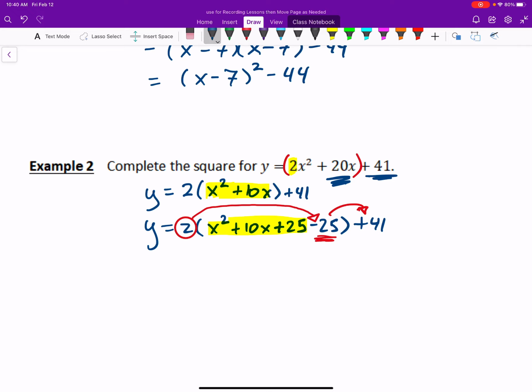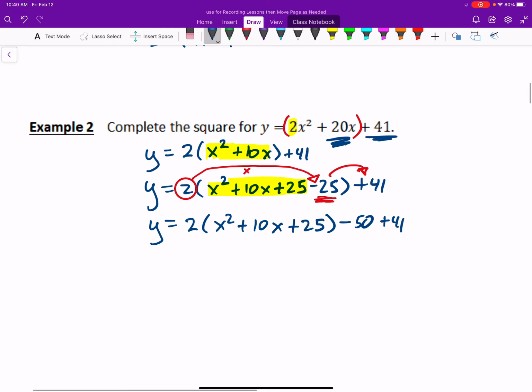I need to actually do the multiplication if I take that 25 outside the brackets. So I'm just going to rewrite it with the minus 25 outside the brackets, but it's becoming a negative 50 because I multiplied it by that 2. So I'm going to multiply it as I take it out. And I still have the plus 41 there.